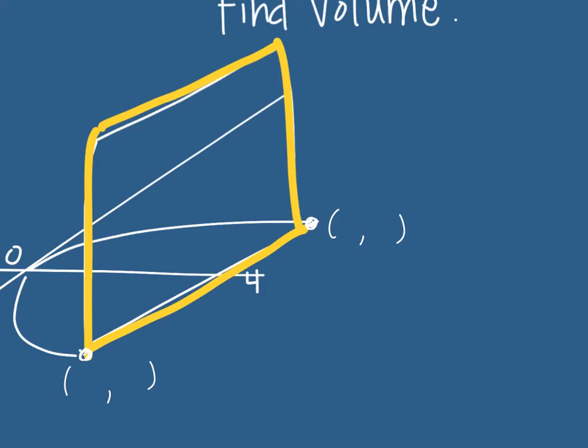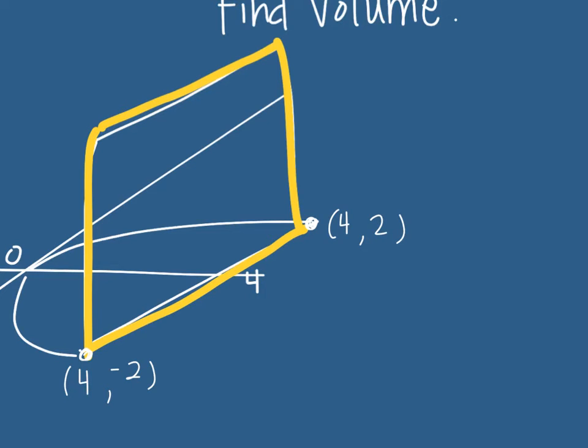Not quite. This is x equals y squared, not y equals x squared. So this would be 4 something, and this would be 4 something. So this would be 4, 2, and this would be 4, negative 2.